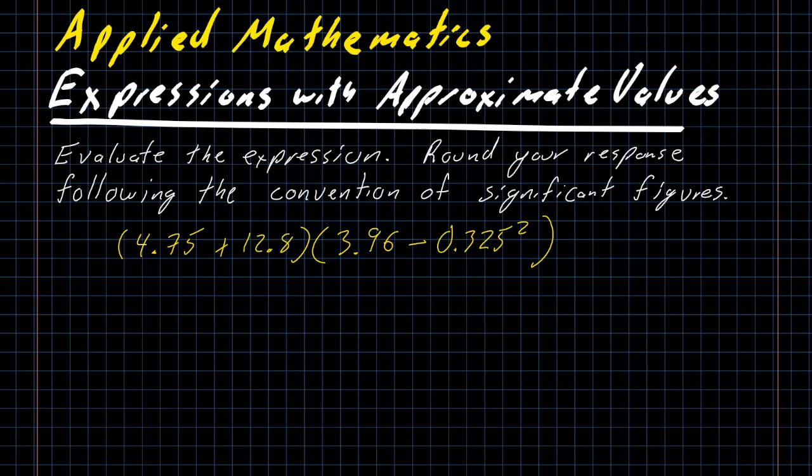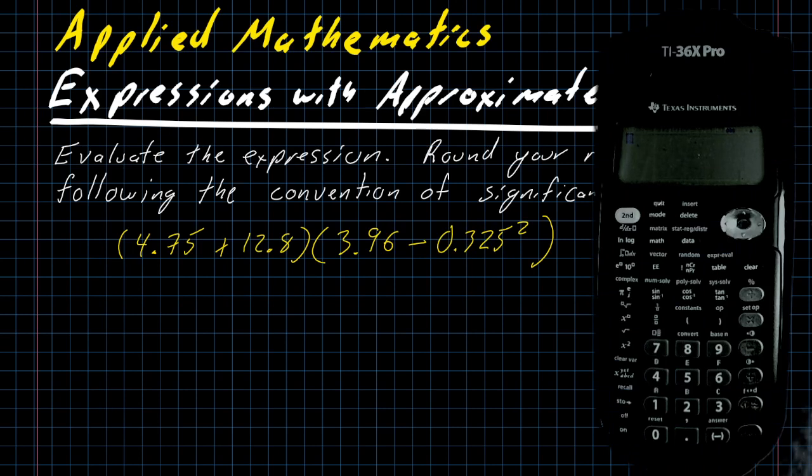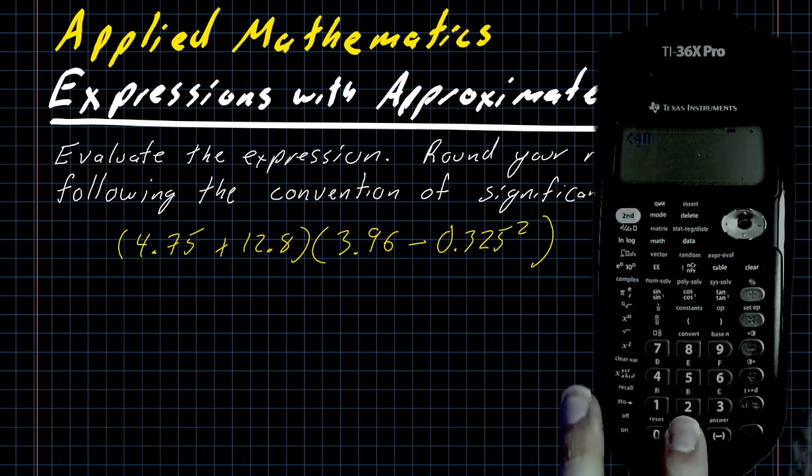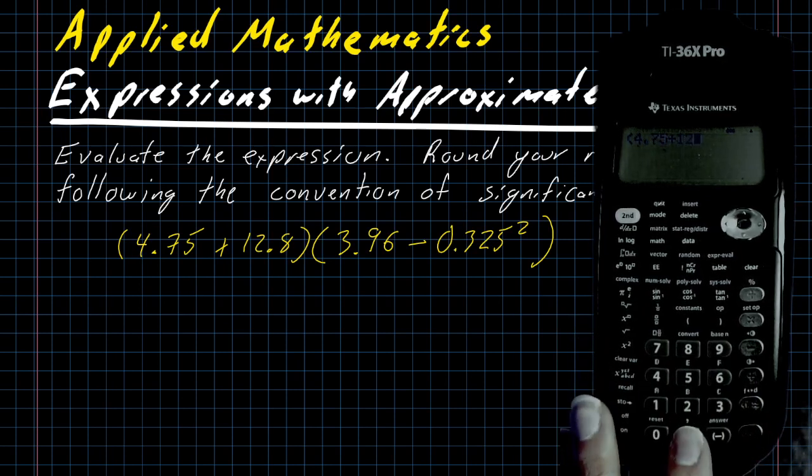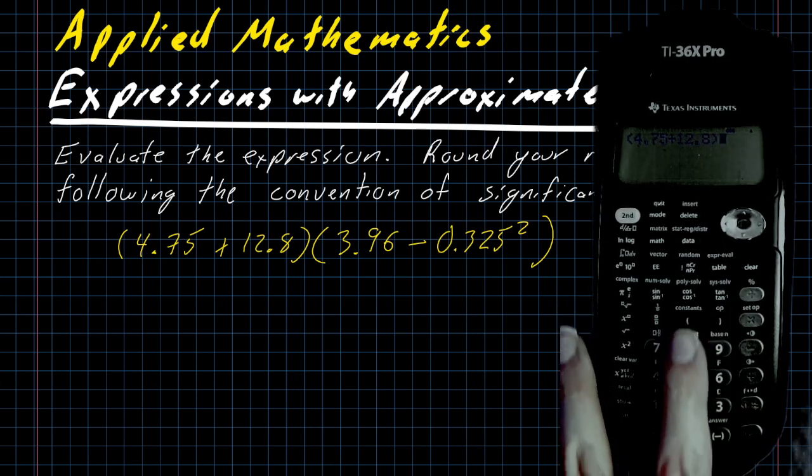I'm going to go through this expression twice. The first thing I'm going to do, which will probably be of very little surprise to anyone, is jump to my calculator and tell my calculator to do the calculation for me. So, opening parenthesis, 4.75 plus 12.8, close parenthesis.